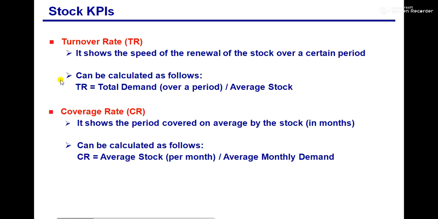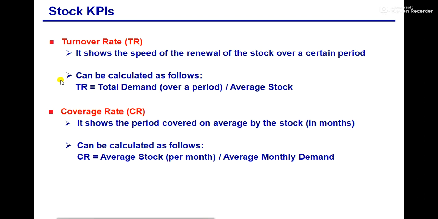Now, there isn't a standard interpretation for this indicator. It depends on the industry and on the type of inventory you have. But if your turnover rate is too low compared to other businesses in the industry, that might indicate that your demand is too low or that you're buying way too much inventory.